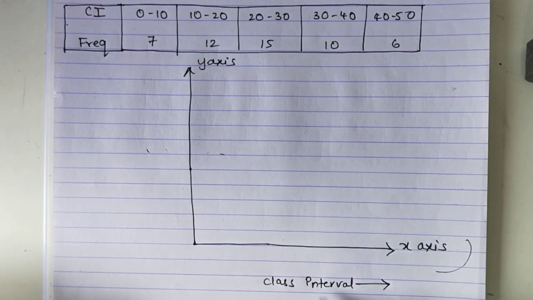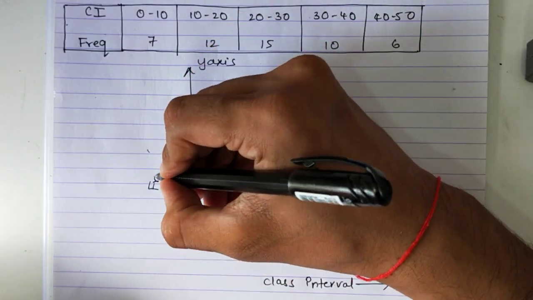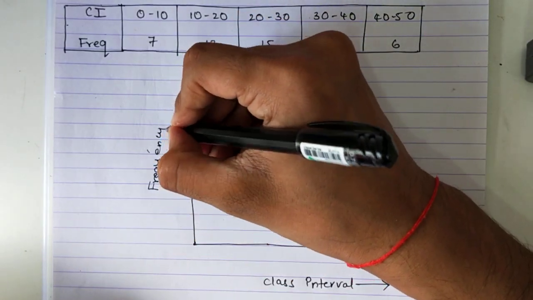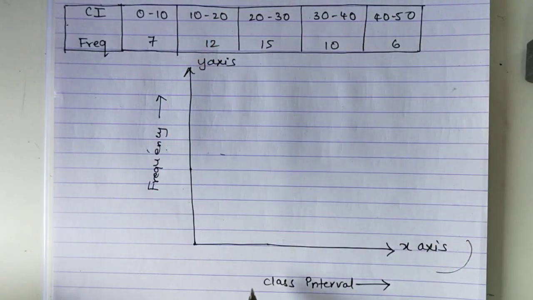You should mark it like this, showing an arrow. This arrow shows that it is increasing in this order. And this part is always the frequency. This is fixed. You cannot change them. Frequency will always be on the y-axis and class interval will always be on the x-axis.